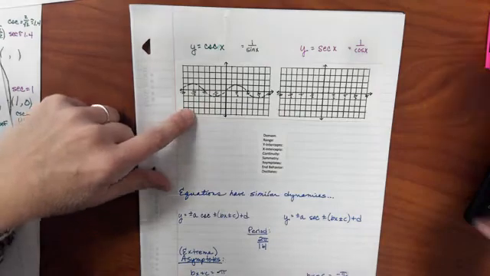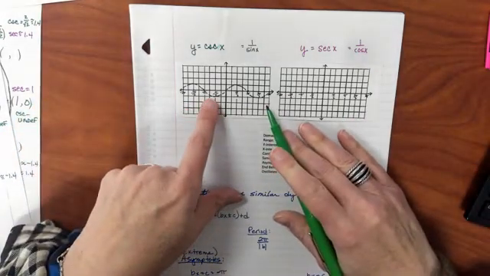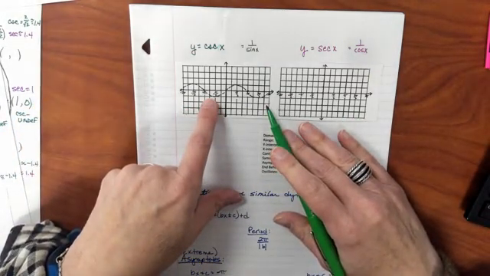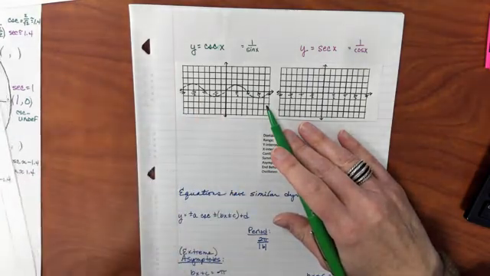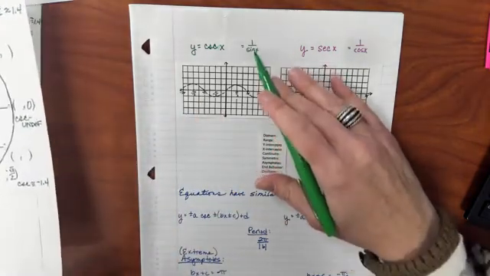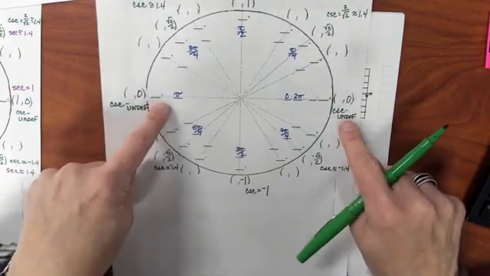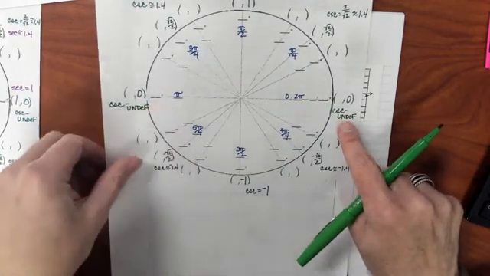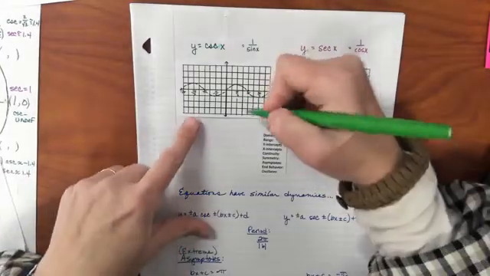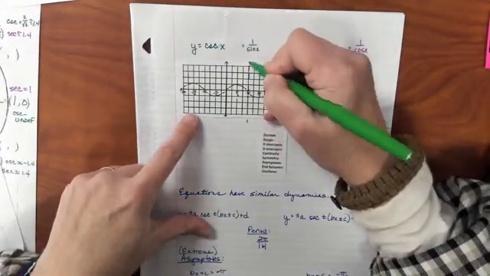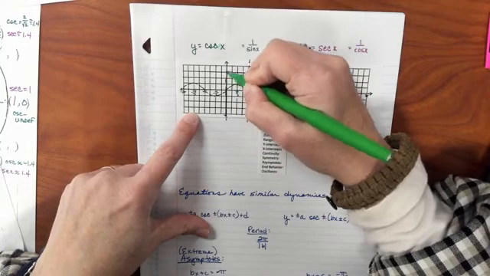So I just sketched out 2 periods of the sine graph. But remember from our circle that cosecant, 1 over sine, is undefined at the pi's. There are your asymptotes. So here I have an asymptote at these pi values.